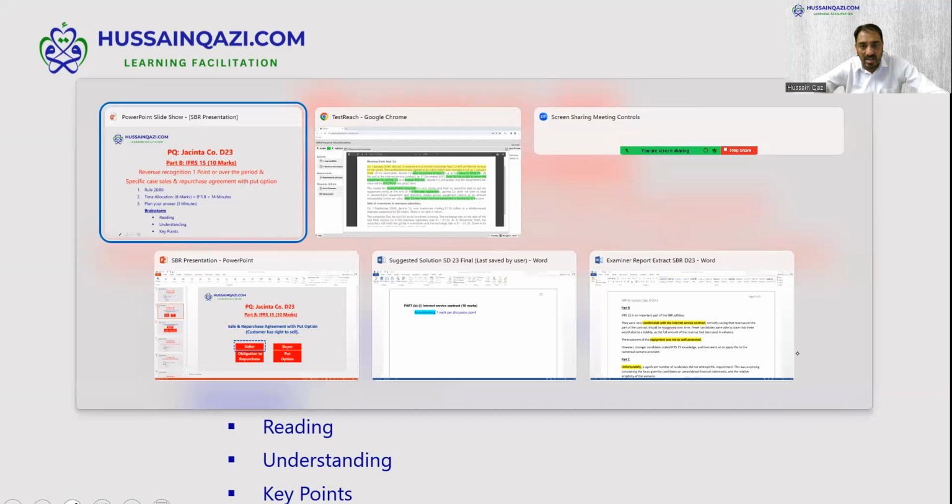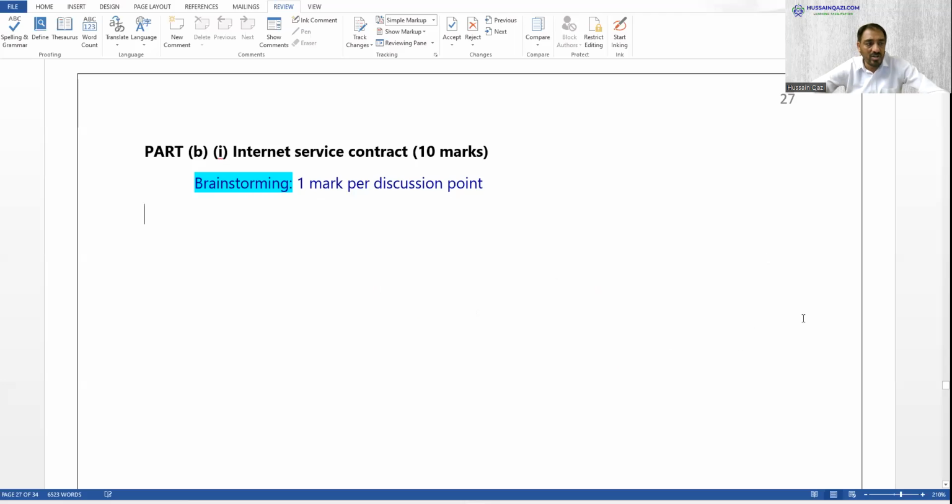So if you are going to write this answer, very simple. Out of 10 marks, the examiner allocated 4 marks for internet services. So very simple.